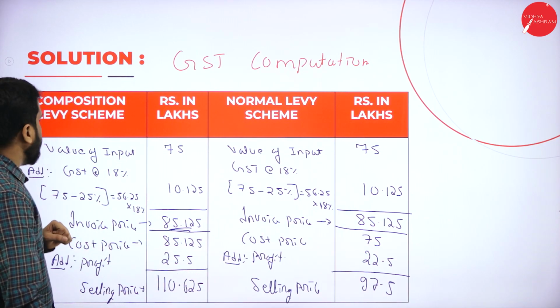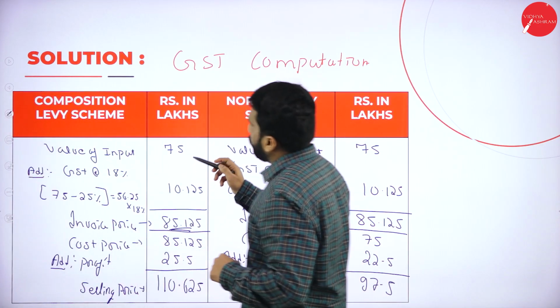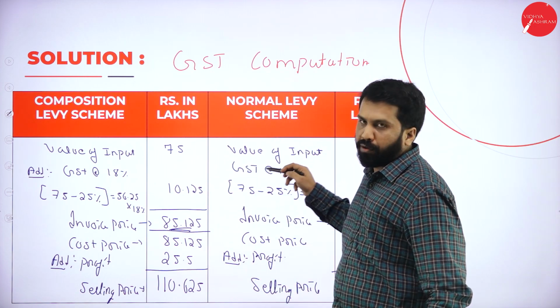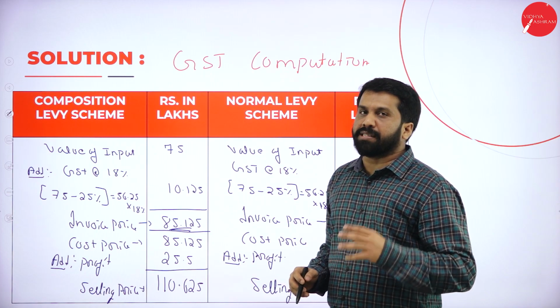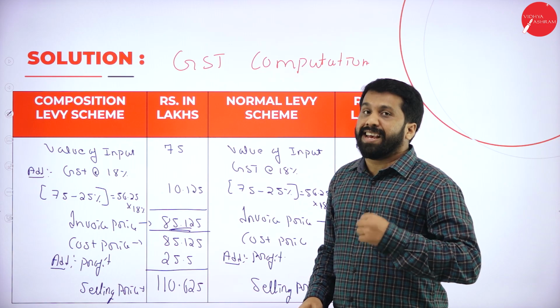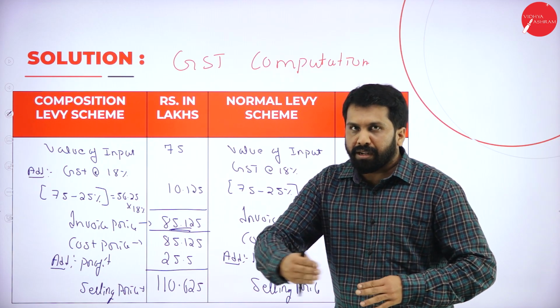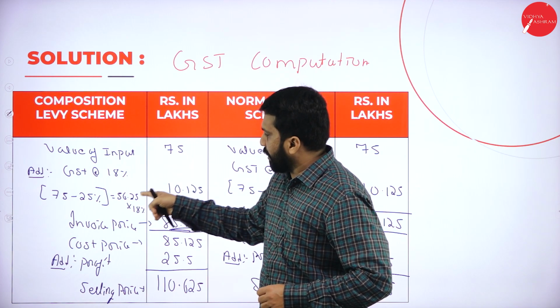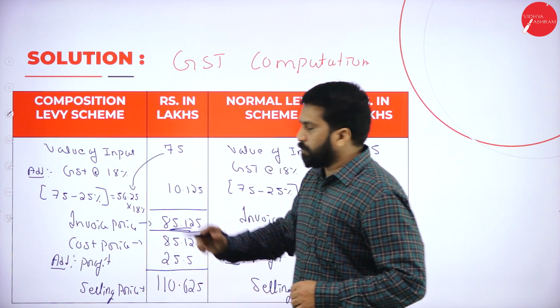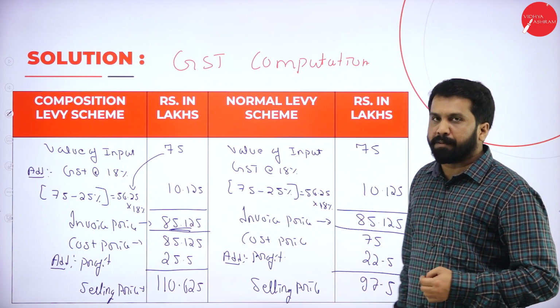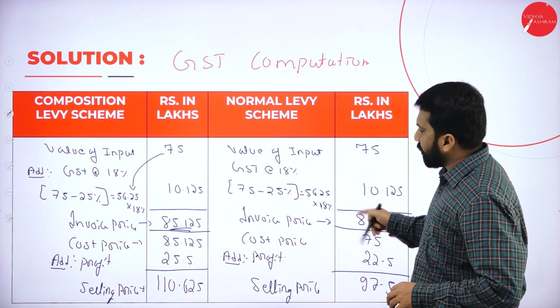Once again, I'll repeat. We have taken value of input. It is given in the question. 18% common for all. While calculating 18%, 25% of these 75 rupees, including exempted goods, we have to remove. We removed 25%, and 75 has become 56.25. On that 18%, you got invoice price.